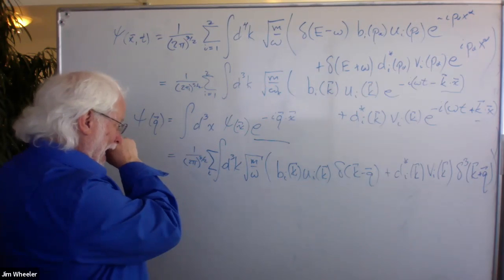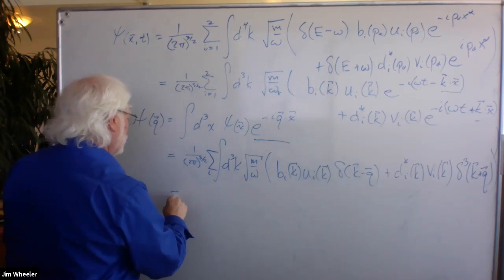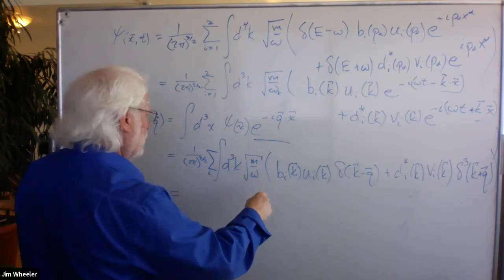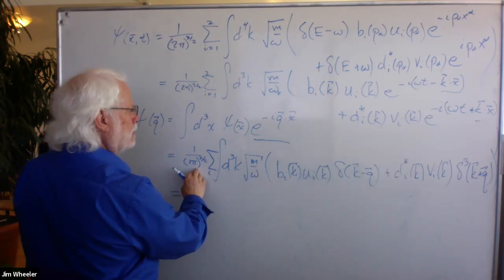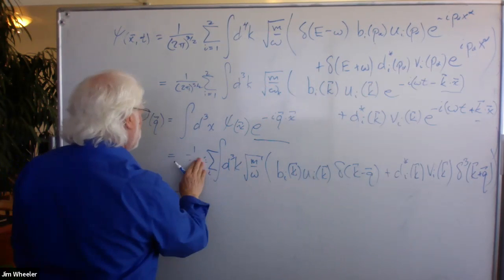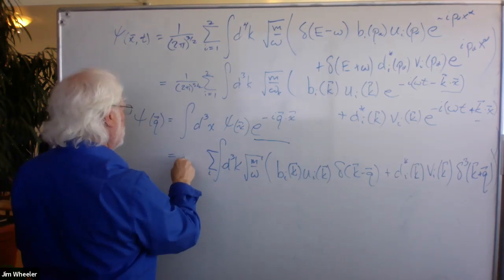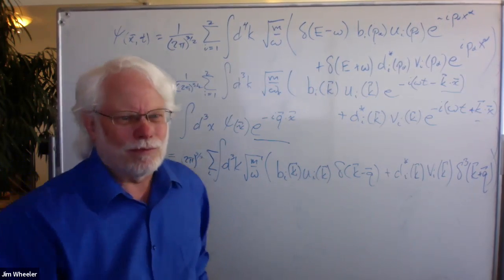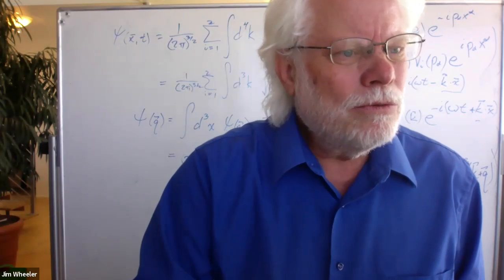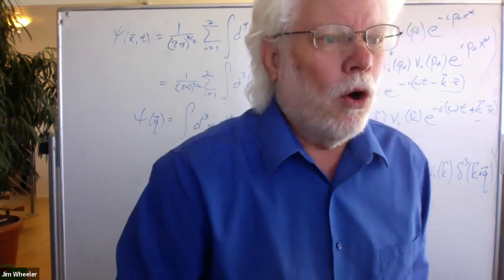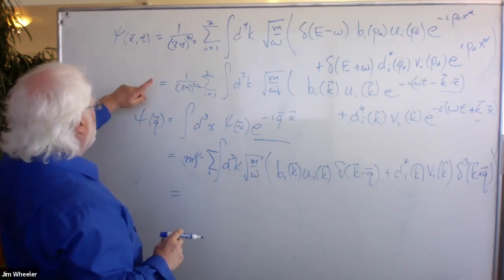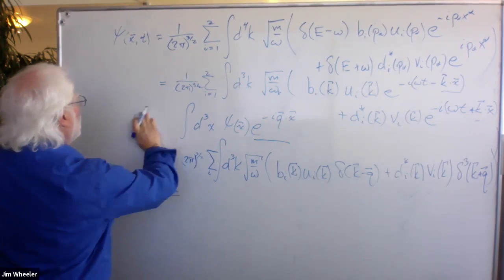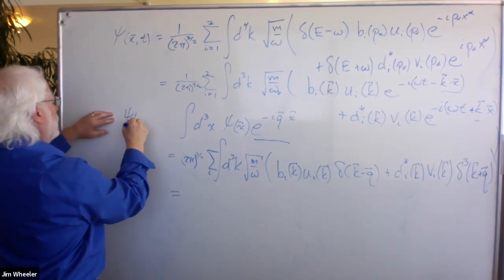And then now we do the... wait a second. What happened? We got Dirac deltas. That gives us a 2 pi cubed. Sorry, there's a 1 over 2 pi cubed here, but also this Fourier transform.